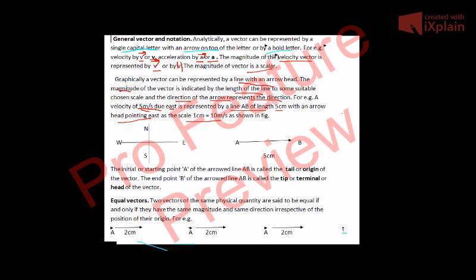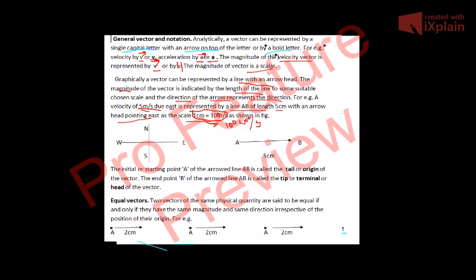We use a scale where 1 centimeter represents 1 meter per second, or 100 centimeters per second. So if we need to draw 5 meters per second, we have to draw a line of 5 centimeters. Here 1 centimeter represents 1 meter per second, which means 5 centimeters will represent 5 meters per second.